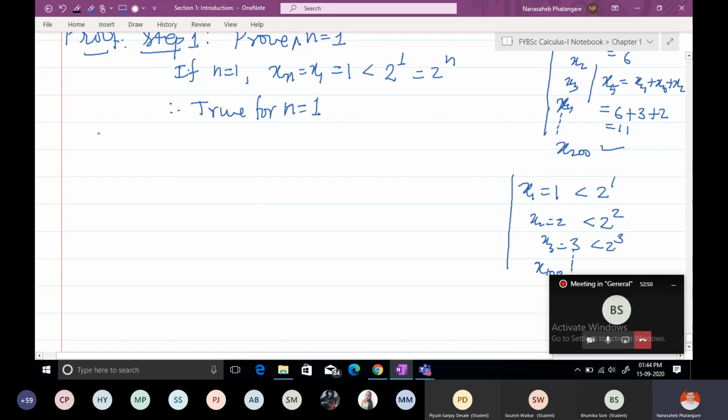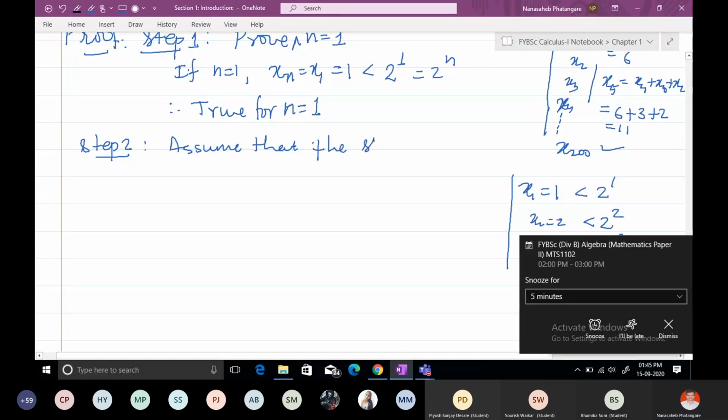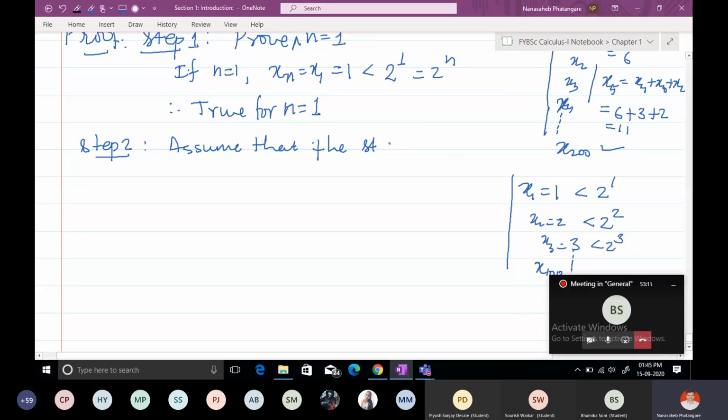So what is the second step? Induction hypothesis. So assume that the statement is true for n is equal to 1, 2, 3, up to k, right?